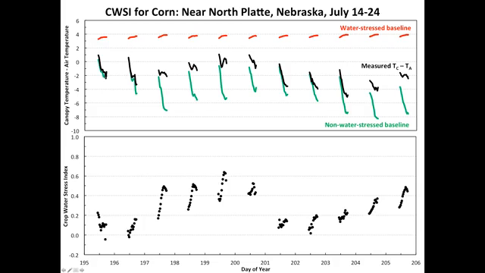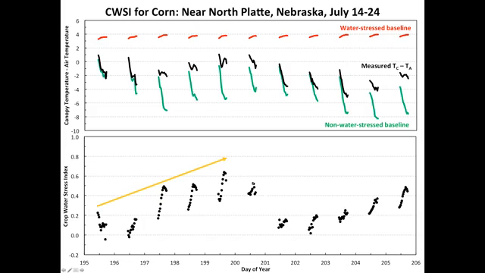The green line is the non-water stress baseline, the red line is the water stress baseline, and the black line is the measured value of canopy to air temperature. You can see in the first couple days, the crop water stress index is quite low, but it tends to increase over the course of a few days before dropping back down again.